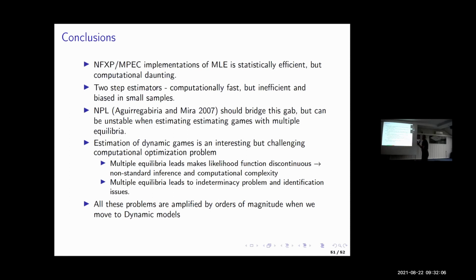The nested pseudo likelihood by Aguirregabiria and Mira, 2007, that's the one about games, should bridge this big gap. But we've seen it can, at least for this simple static game, be very unstable when estimating games with multiple equilibria.